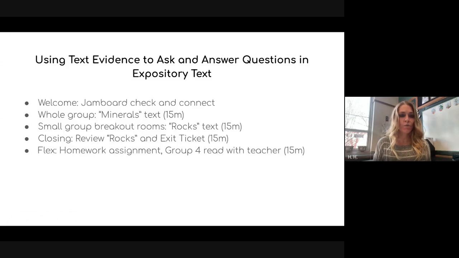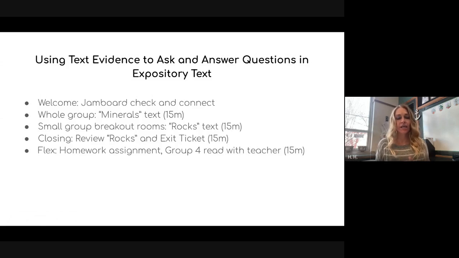We just did that quick welcome with our Jamboard, our check and our connect. In a minute here, we're going to start looking at that minerals text that you either have your digital or printed copies, and of course those tools that I asked you to bring with you. After that, we're going to break out into our small groups. Be sure that you're going with your reading group and with that color that's on your reading chart so that you're in the correct room. I'll be visiting all your rooms while you're working with your group.